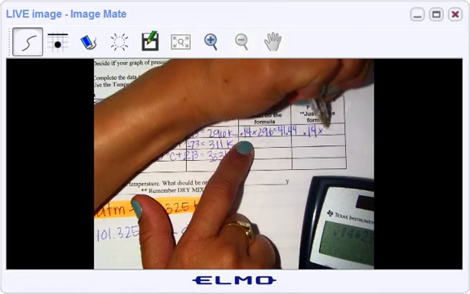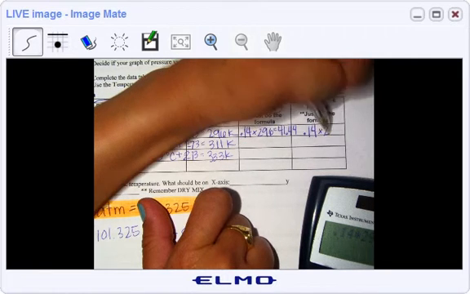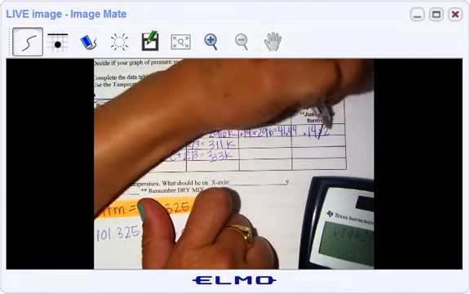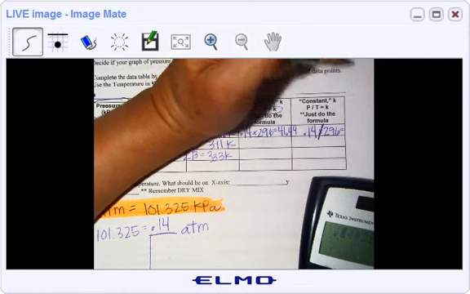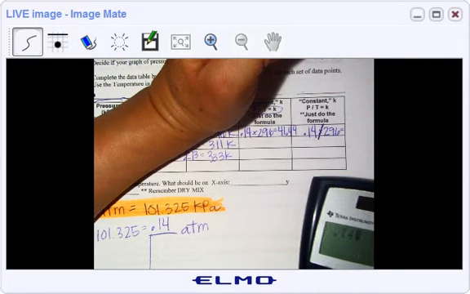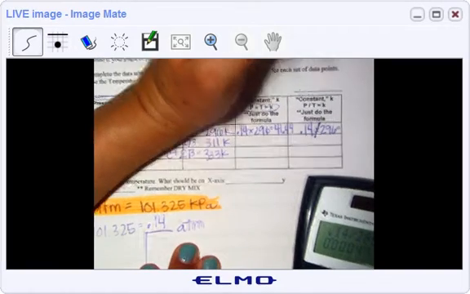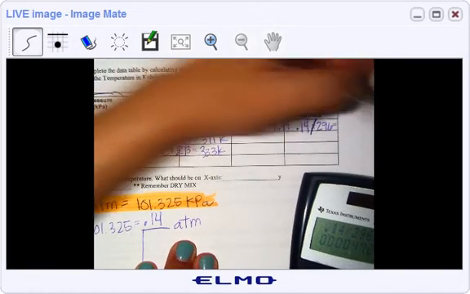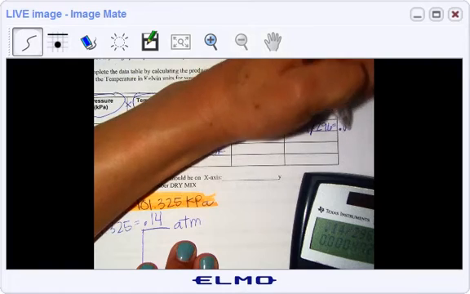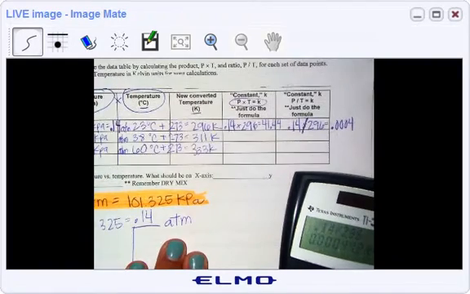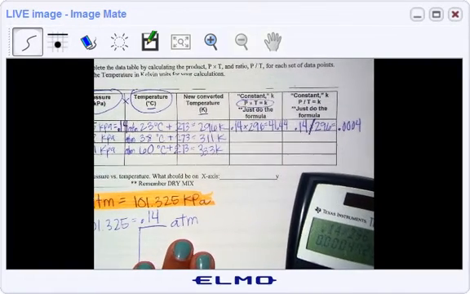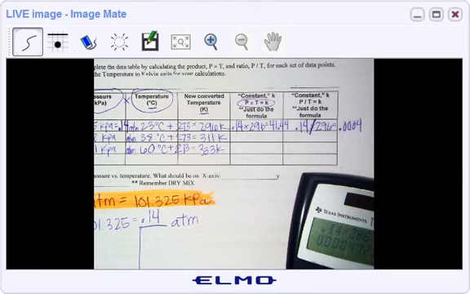Do this with your numbers as well. I got a very little number. Okay, so that's what you're going to do with this data table up here.